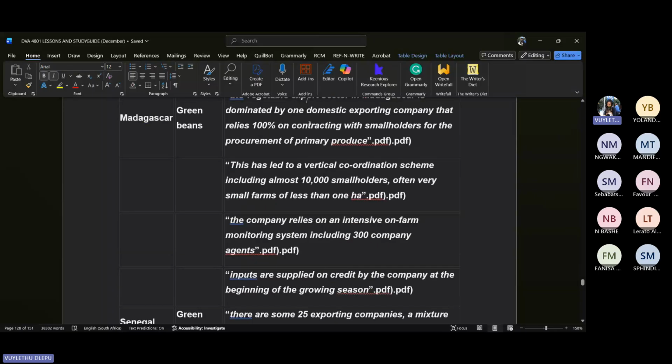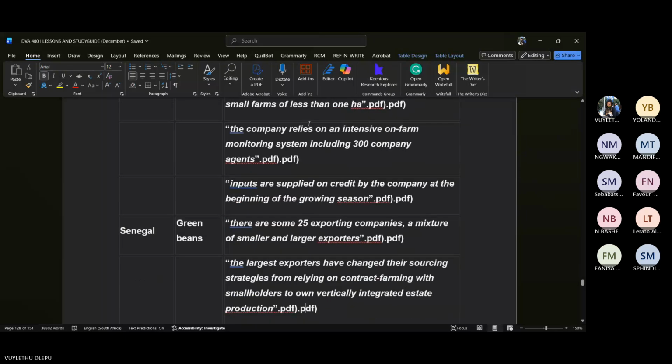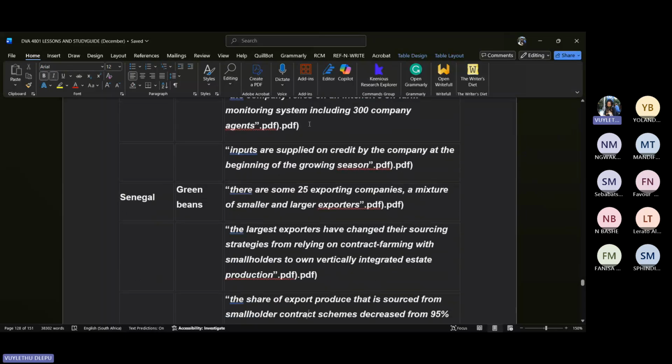Senegal as well, in green beans, it talks about some 25 exporting companies, a mixture of smaller and larger exporters. The largest exporters have changed their sourcing strategies from relying on contract farming with smallholders to their own vertically integrated estate production.